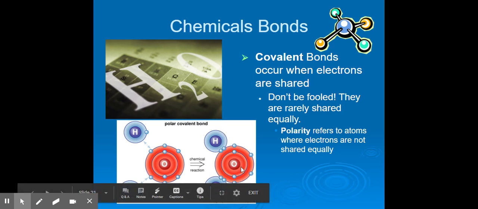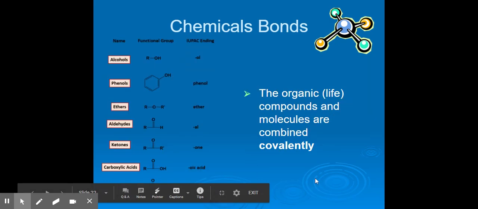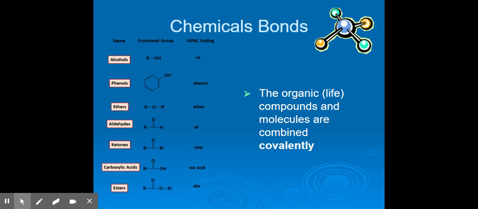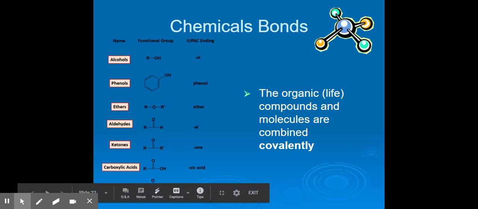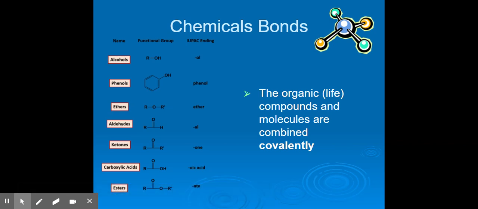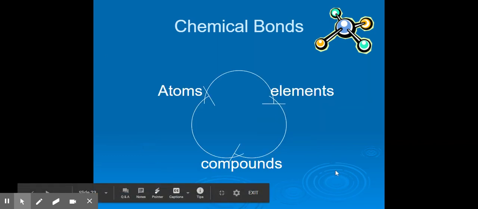And it causes it to have this bent structure versus a linear structure. So we'll talk about that some more next week. These are just some examples of some things that are bonded covalently. And remember, covalently means that the electrons are shared. Your organic compounds, your life elements, these will bond covalently and not ionically.